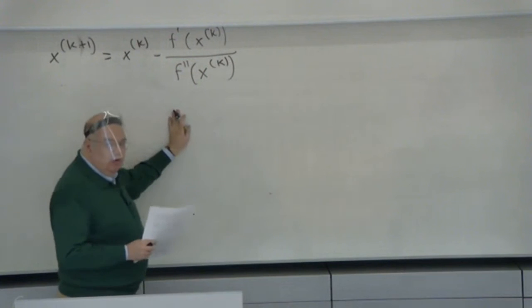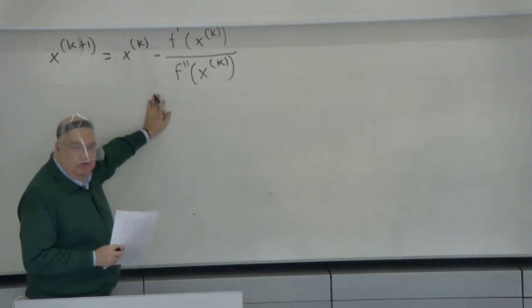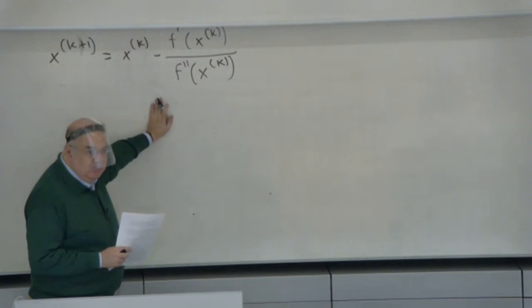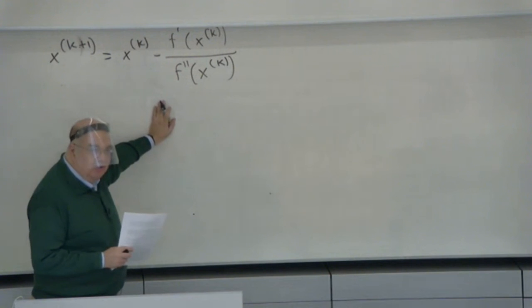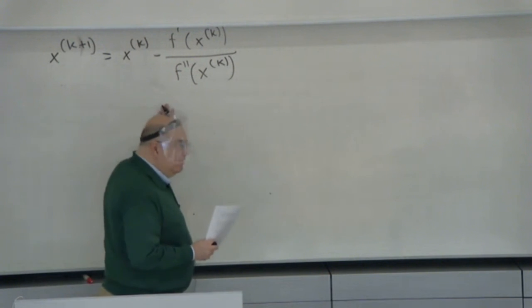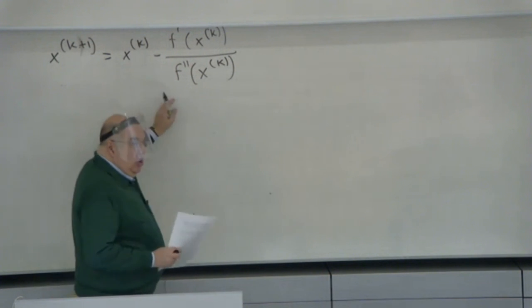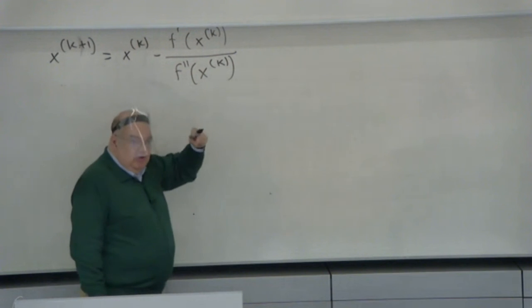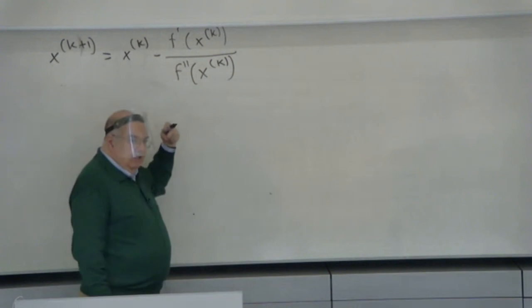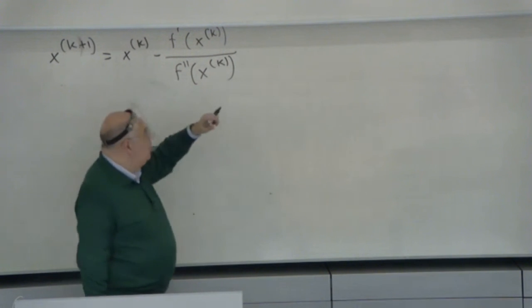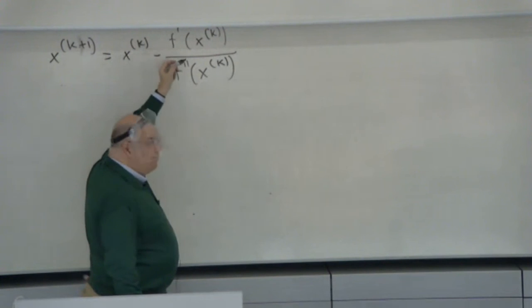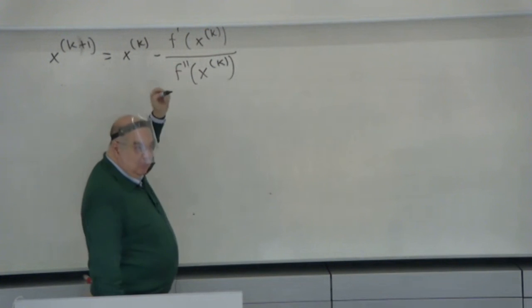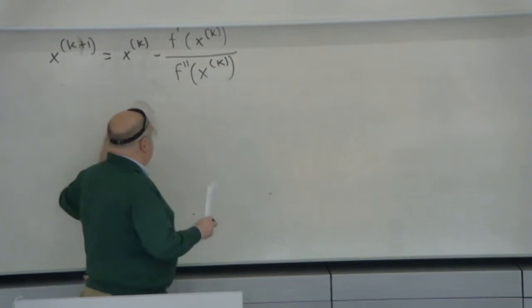Now, say that you are unable to compute the second derivative. What are you going to do? You take an approximation of the second derivative. How can you compute it? Well, because of the past iterations in the algorithm, you have already computed f prime at the previous points, k minus 1, k, and so on.